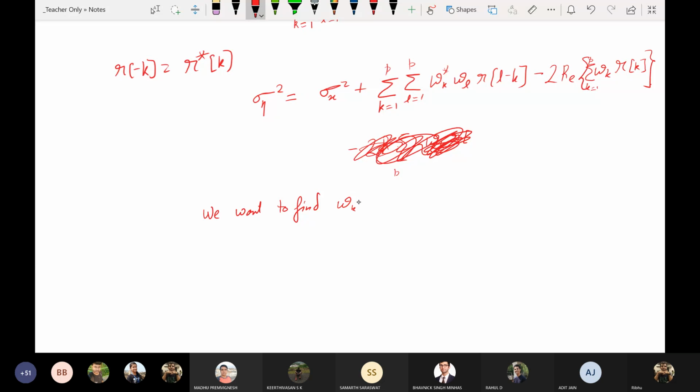So now we want to find the wk's that minimize sigma eta square. Fine. So how do we do that? Differentiate, yes. Also, for complex variables, we covered this in last semester.